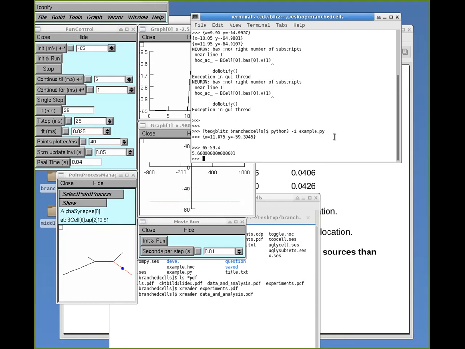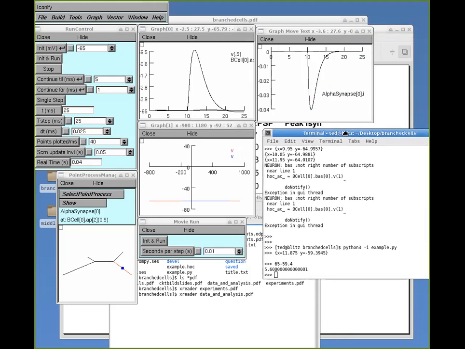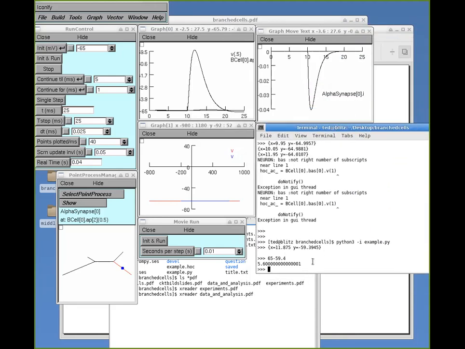Okay, so the driving force starts out at 65 millivolts and drops down to 59.4 millivolts. And that's a significant change. That's a 10% reduction of driving force. So the current through the resistor is being driven by less and less of a driving force. We should get less and less of a current.